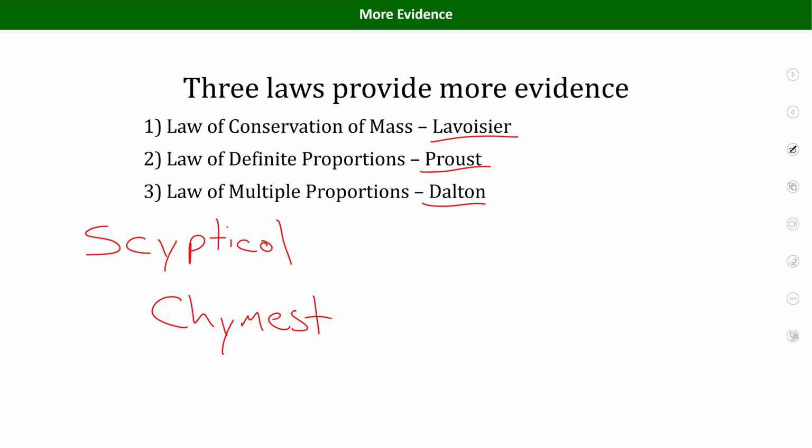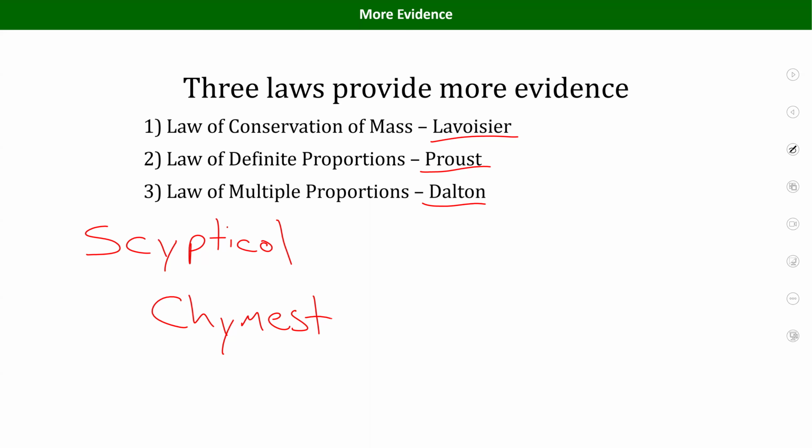And then Proust, not the same Proust who's a famous author in literature, different Proust, same time though, came up with what he called the law of definite proportions, which was basically that you always had the same recipes. Things always combined in the same ratios to give known products.